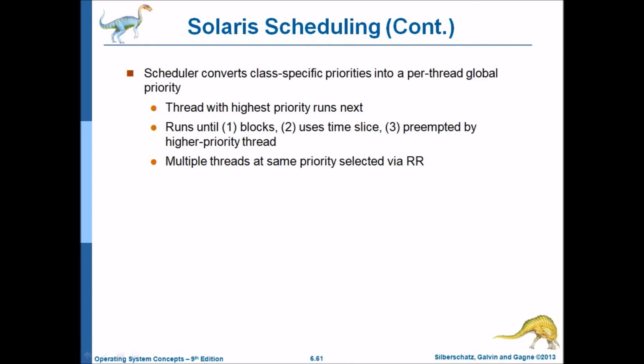So the selected thread runs on the CPU until it either blocks, uses its time slice, or is preempted by a higher priority thread. So if there are multiple threads with the same priority, the scheduler uses a round-robin queue.